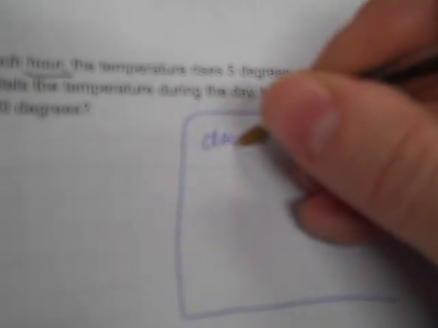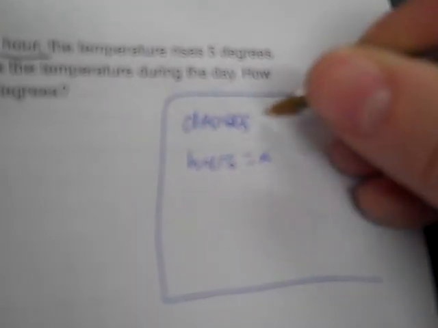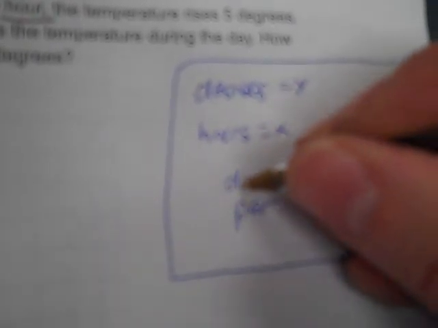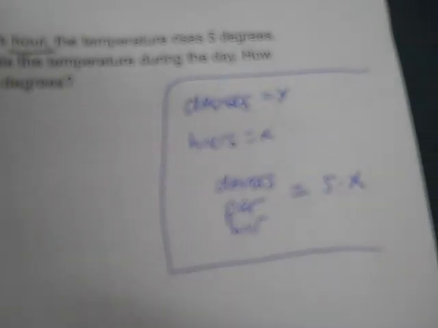So you have degrees and hours as your units. X is hours, Y is degrees. So it's degrees per hour. That's your slope in a story problem, and it's 5 times x. Every hour it's changing by 5. Positive because it's rising.